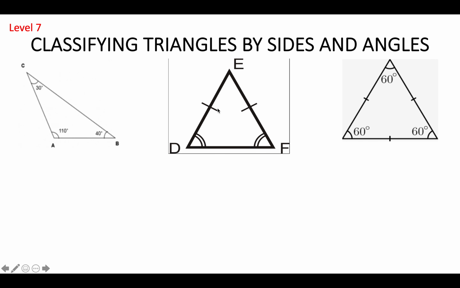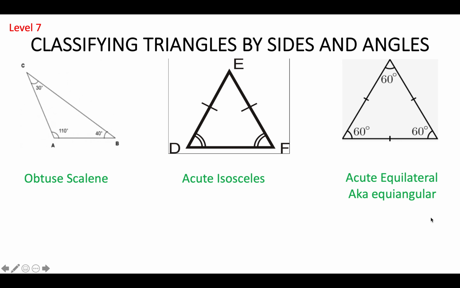All 3 angles are less than 90, so it's acute. Isosceles, acute. This one, all 3 sides the same, all 3 angles the same, so it's equilateral for sides, equiangular for angles, and it also could be noted that it's acute. Obtuse scalene, acute isosceles, acute equilateral, also known as equiangular.